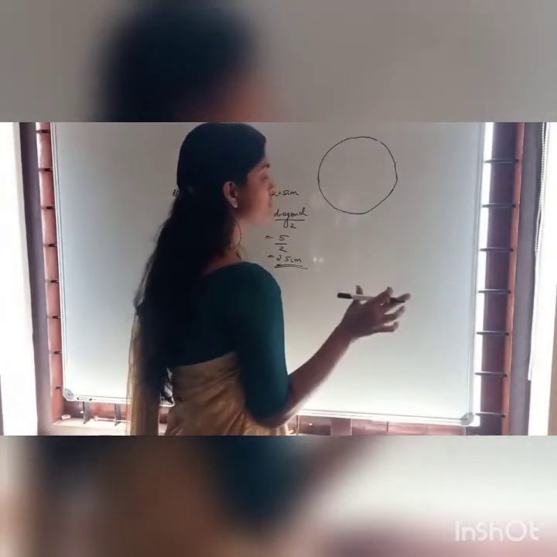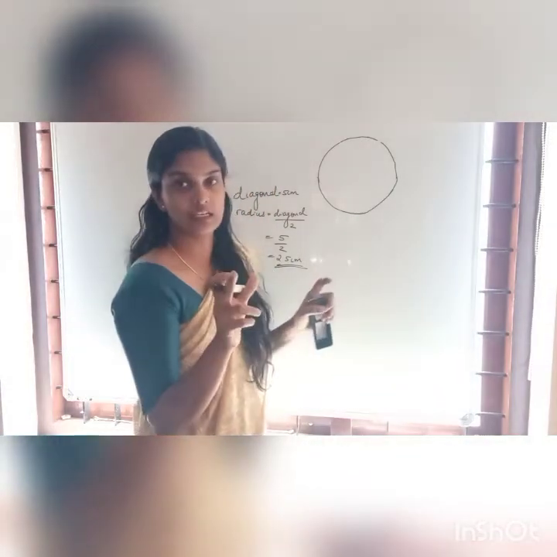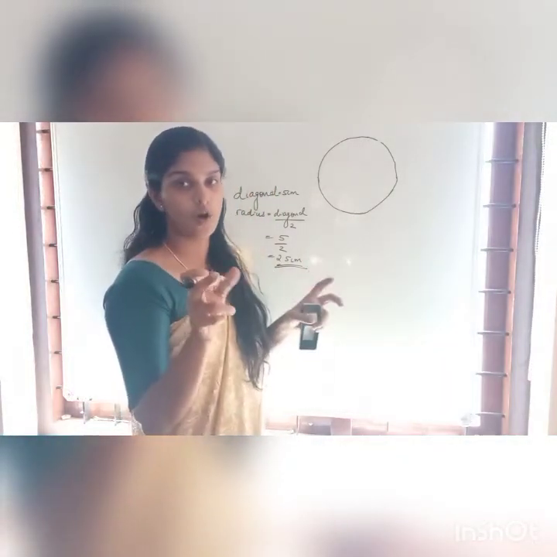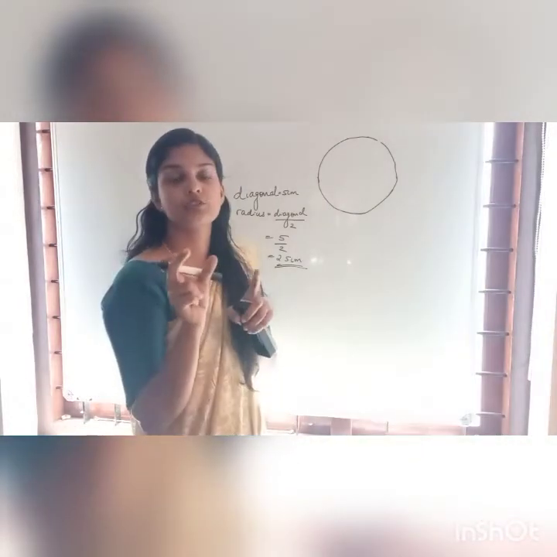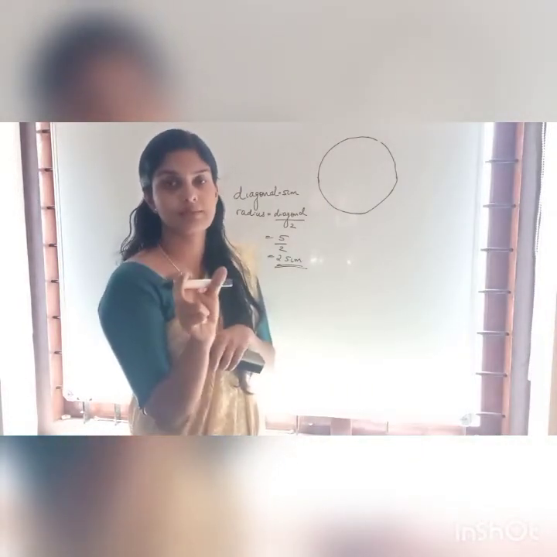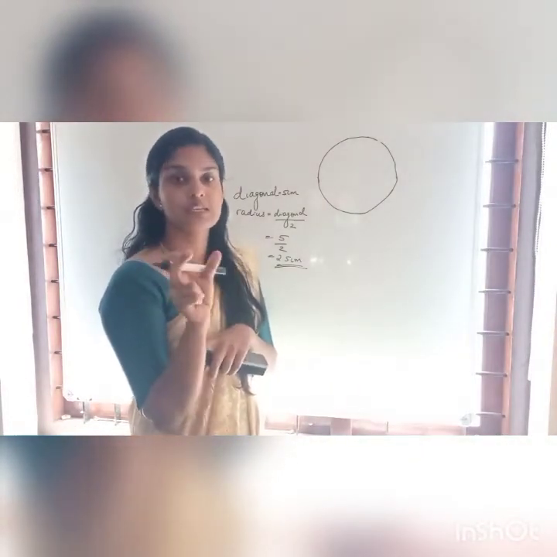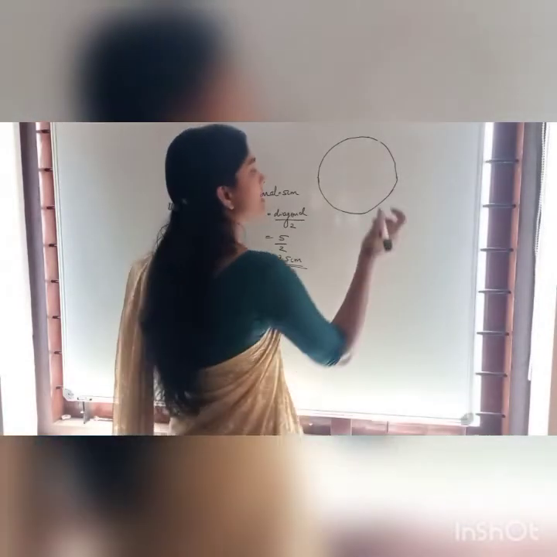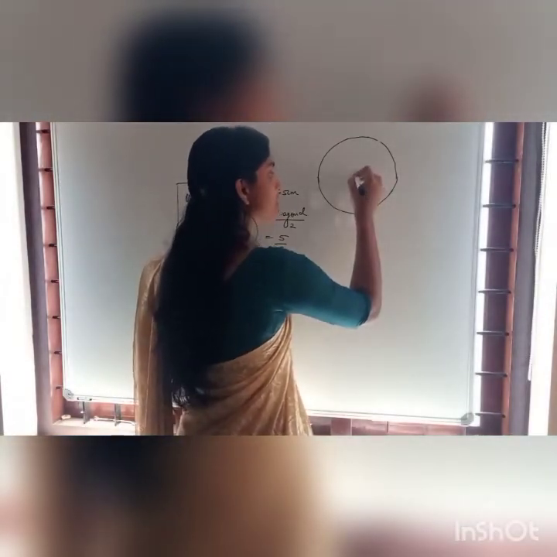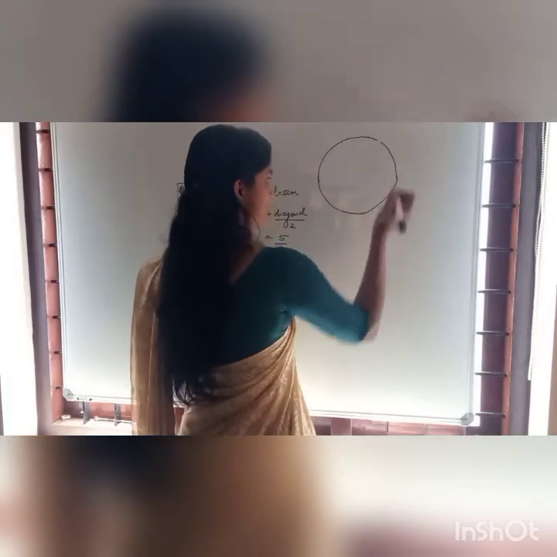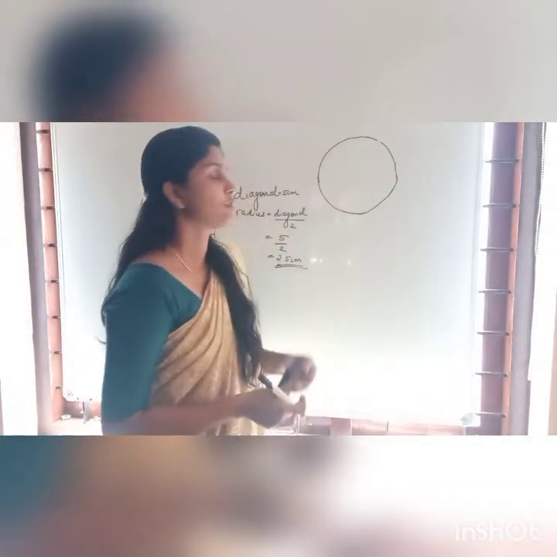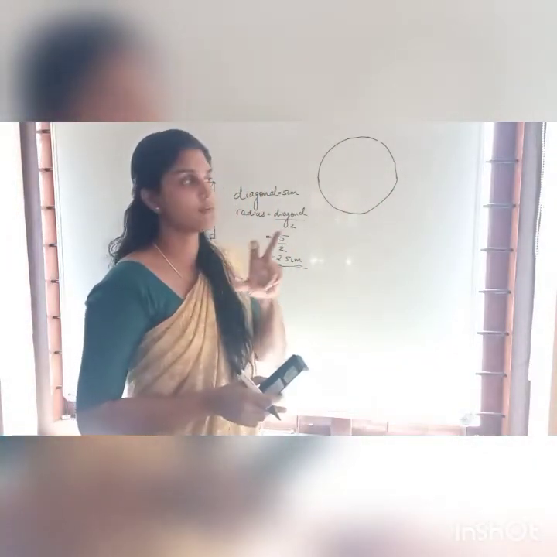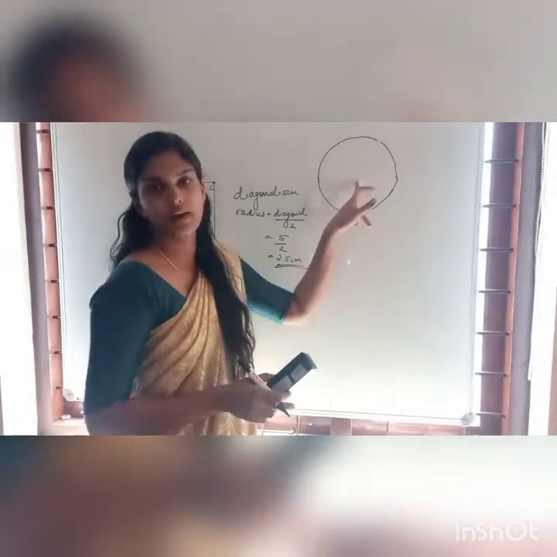So first you draw a circle using a compass. Take a measure of 2.5 centimeter on your compass using a scale, and then keep your compass at a point and draw a circle. Okay. When you draw a circle using a compass, you will get a point like this, right?